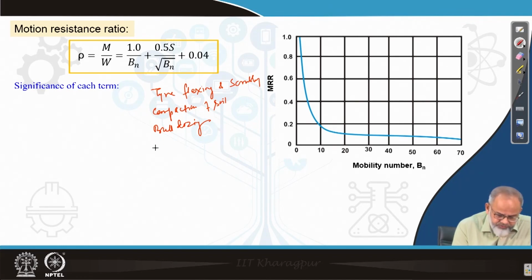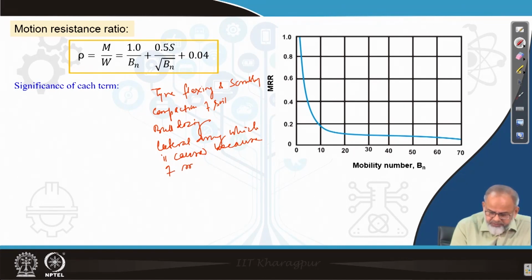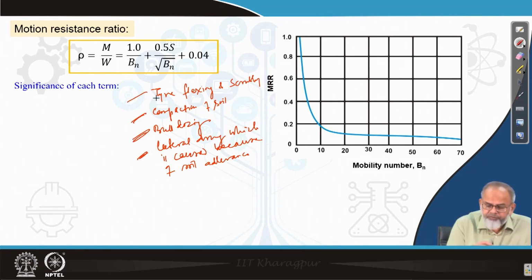The fourth one is due to lateral drag, which is caused because of soil adherence to the tire. So these are the four reasons for which there will be motion resistance.